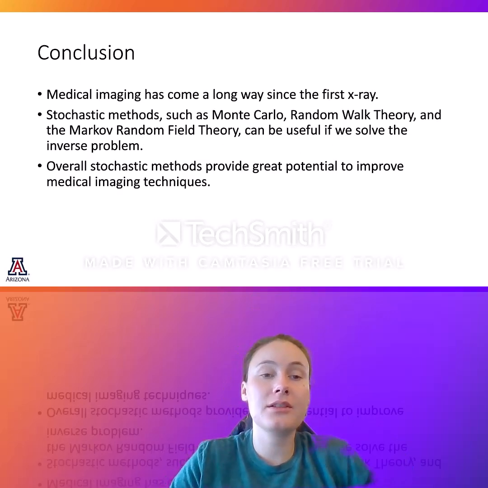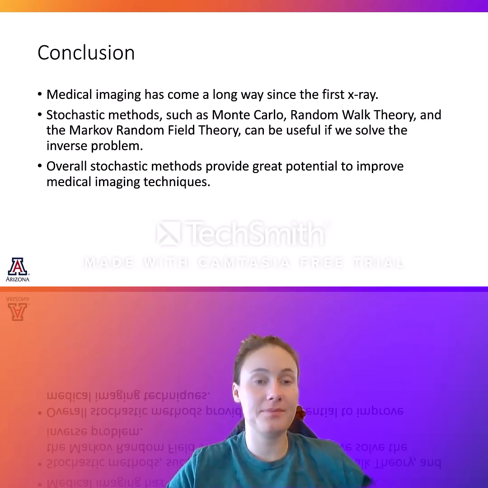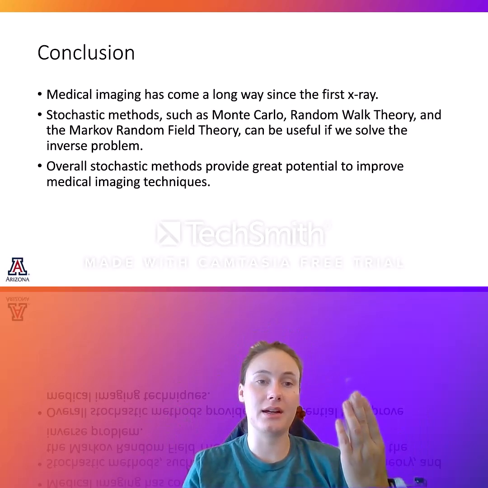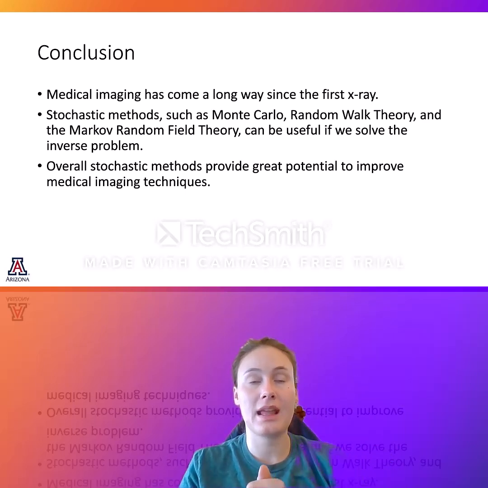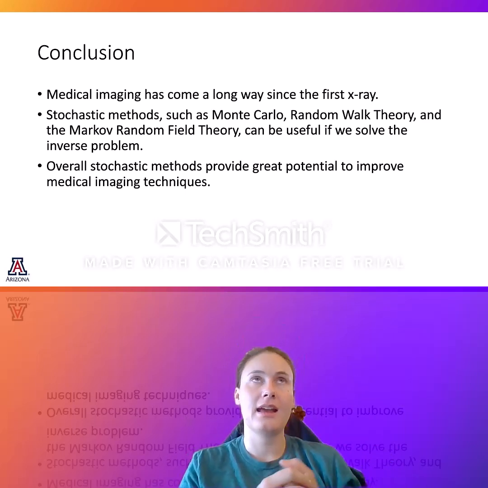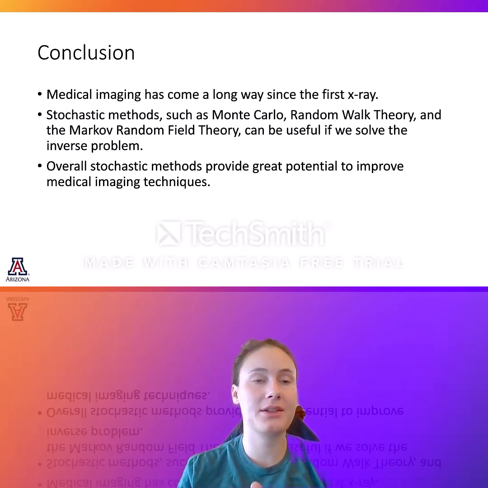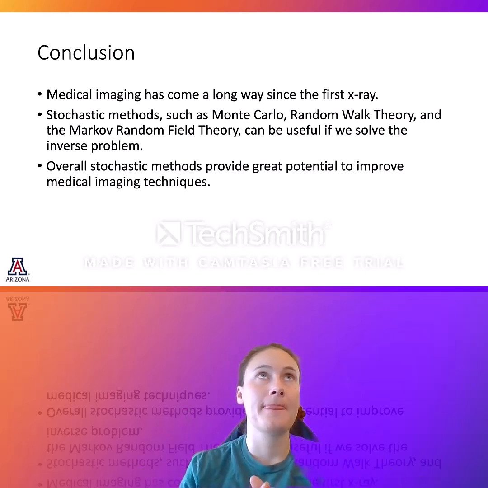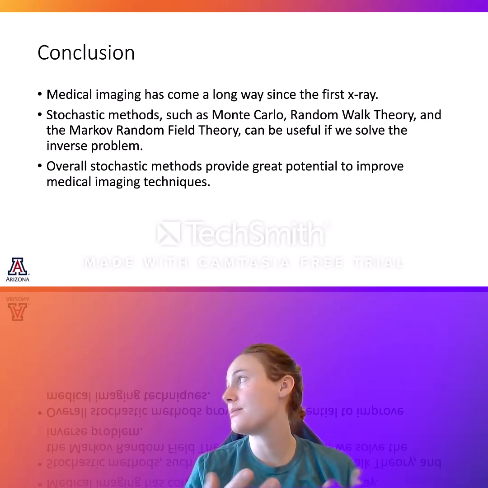So, in conclusion, medical imaging has come a long way from the first X-ray. First we had the X-ray, which dealt mainly with just an input to output ratio with the H&D curve. And then 50 years later, the Rose model was created to give us a way to track signal to noise ratio and improve the image.